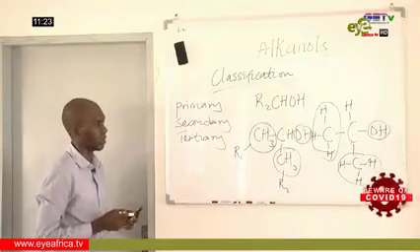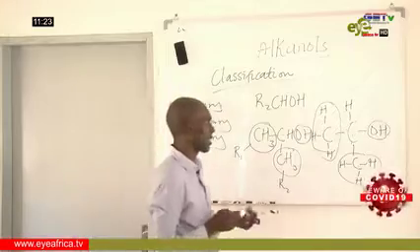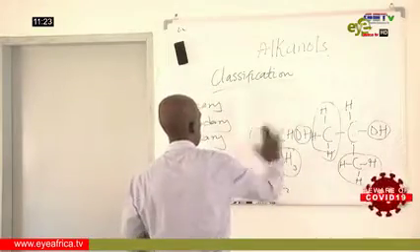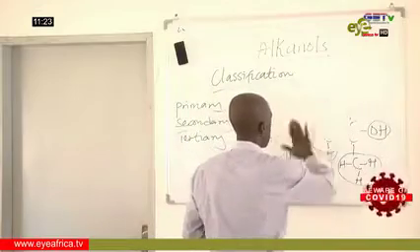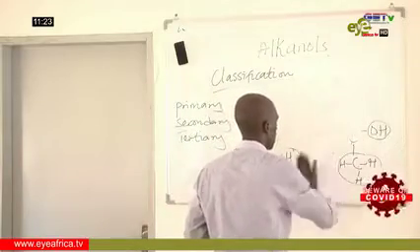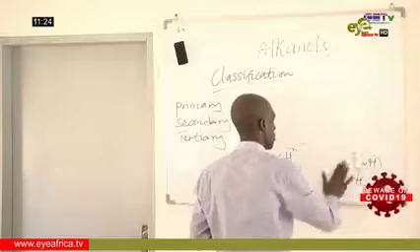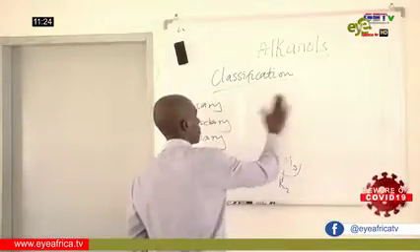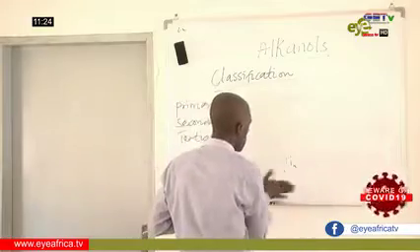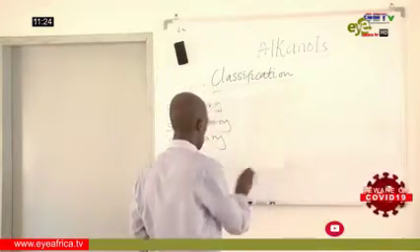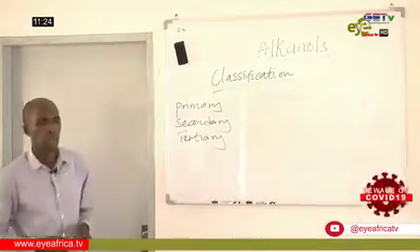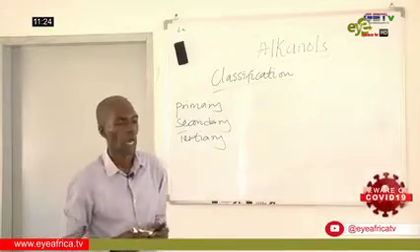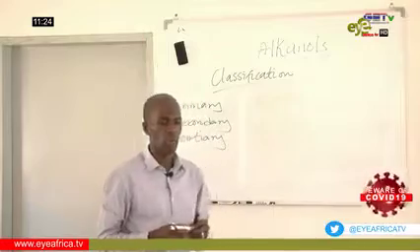Okay. And finally, we have what we call tertiary alcohols. How do we identify tertiary alcohols? This class of alcohols have 3 R groups attached to the carbon with the OH.